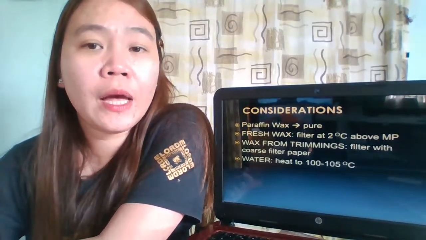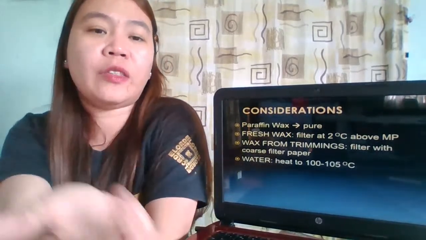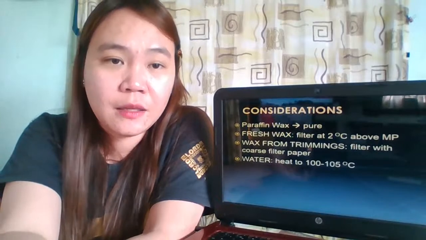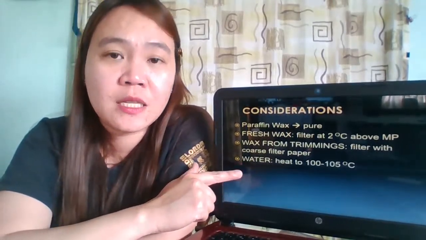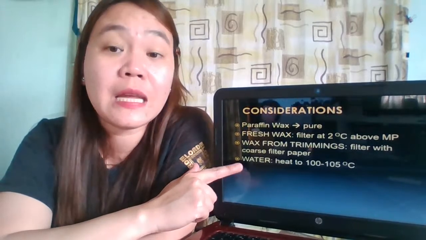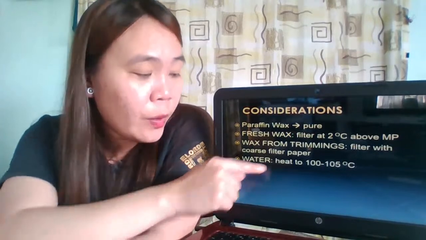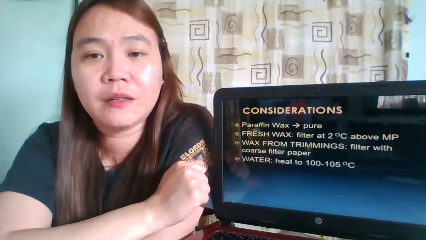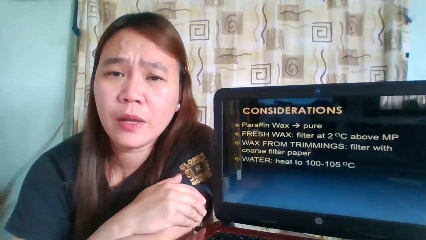One significant contamination which may be present in your sample would be water. If water is present in your paraffin, you just heat your paraffin wax to 100 to 105 degrees Celsius and allow it to evaporate.